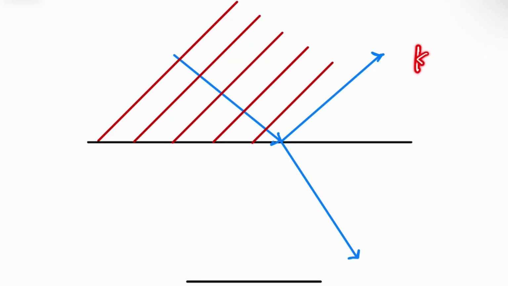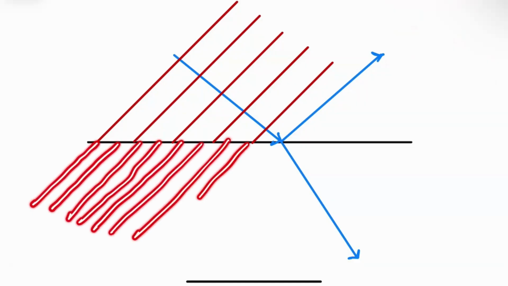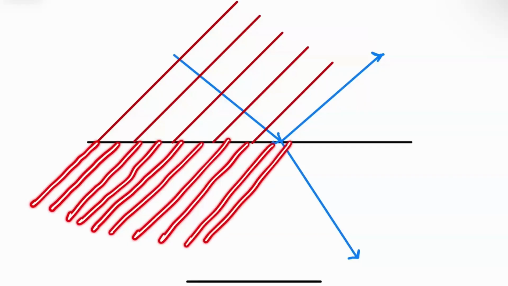So k goes up, lambda goes down, which means the wavefronts in this other medium must be closer to each other, because the wave slowed down in this medium.